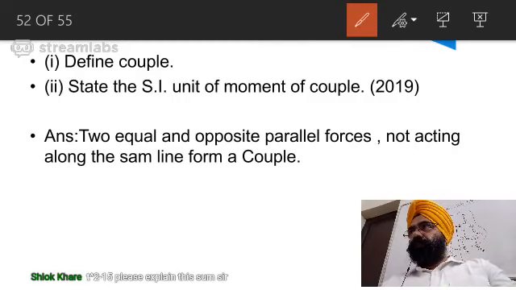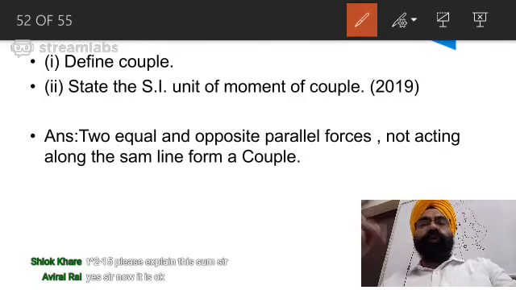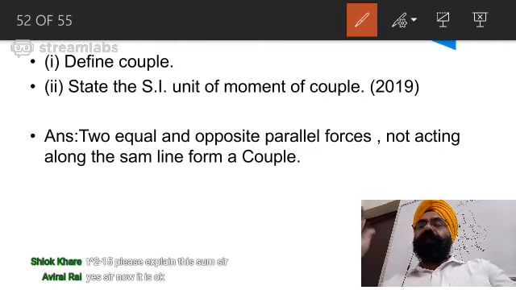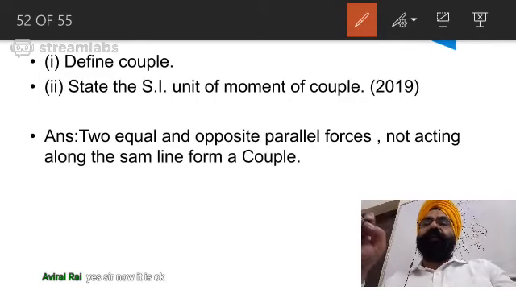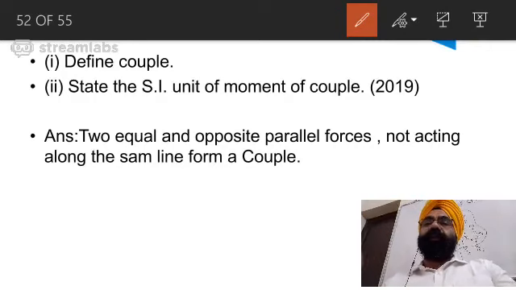Force into perpendicular distance. I have got two equal forces, so one of the forces into the couple arm. What is the couple arm? The couple arm is the perpendicular distance between the two forces, right?